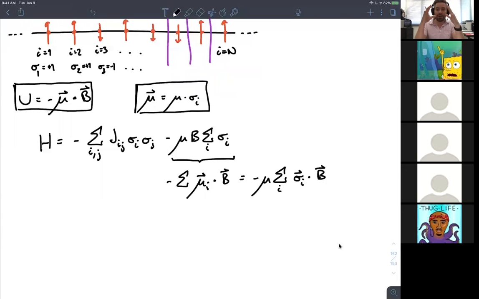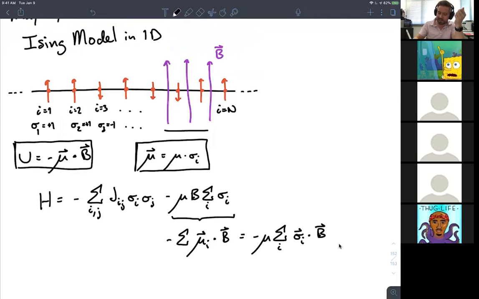Now, again, it's not an assumption so much as this is just the way it works, that the spin is quantized, so it can either be up or down. And if our system is designed like this, that means that the spin can either be parallel or anti-parallel with the applied external field. So when we do this dot product between sigma_i and B, we're going to get either plus 1 times B or minus 1 times B, depending upon the orientation of sigma_i.